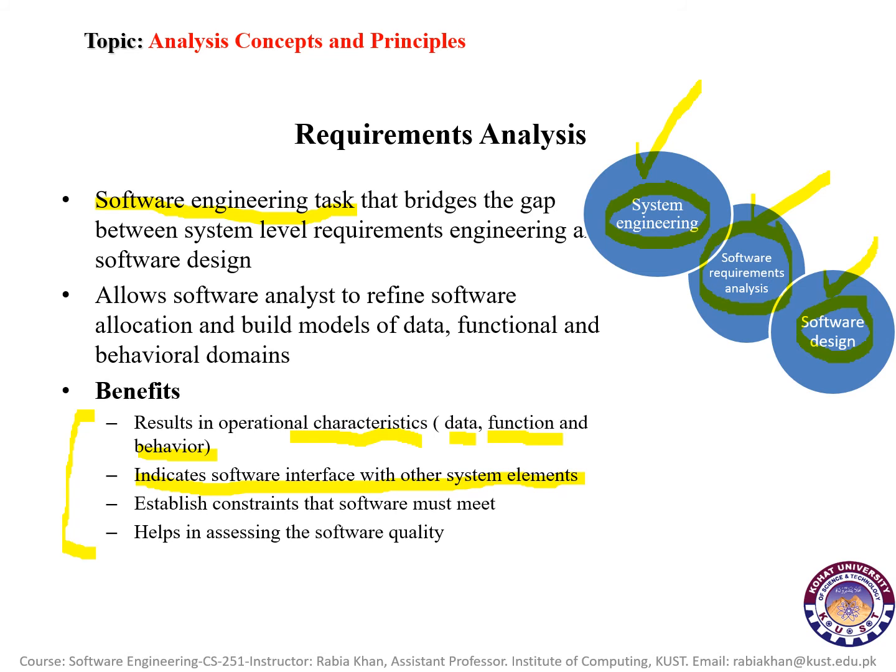Another benefit that it provides is that it helps in establishing constraints that your software needs to meet. Constraints, that means what should be done with the software and what cannot be done by the software.